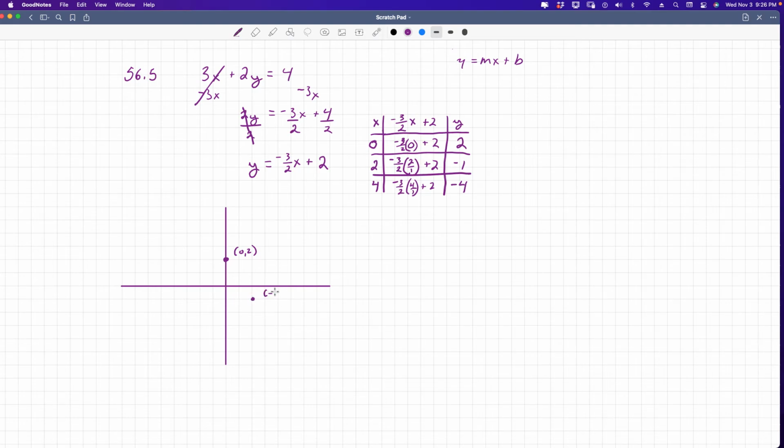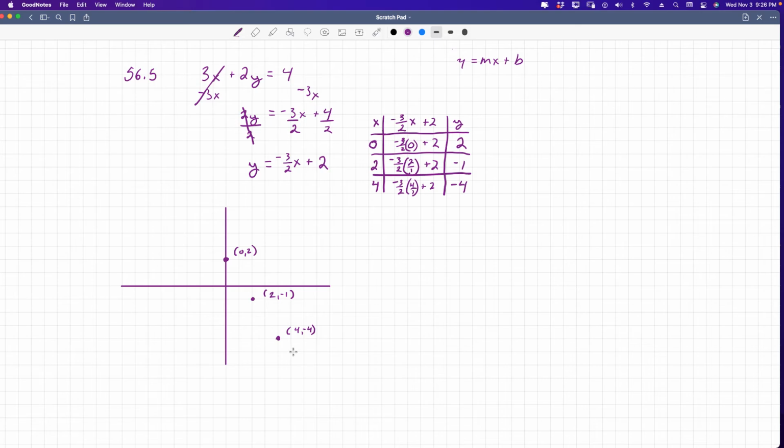And then we have 4, negative 4. So 1, 2, 3, 4. And that is 4, negative 4.